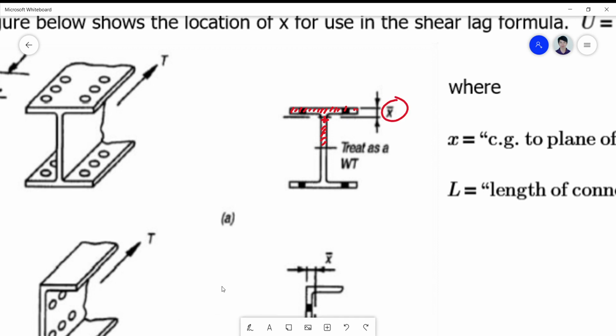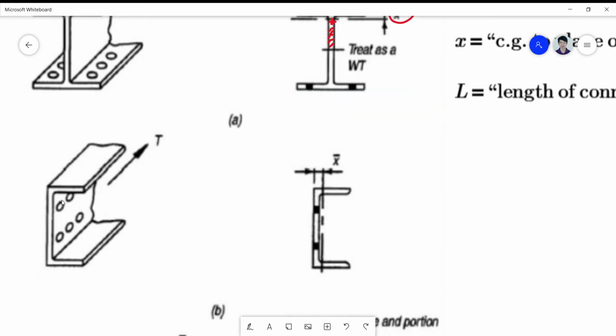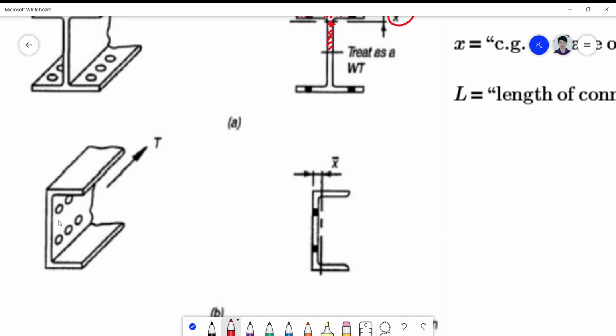So for channel, if you do a computation on the basis of these fasteners here, your X bar will be the centroid of the channel based on the vertical axis. Okay, so this is now your X bar. Okay, this is the centroid. Okay, so that's your X bar.